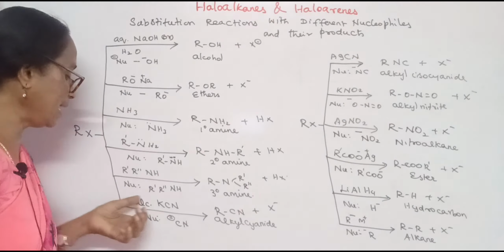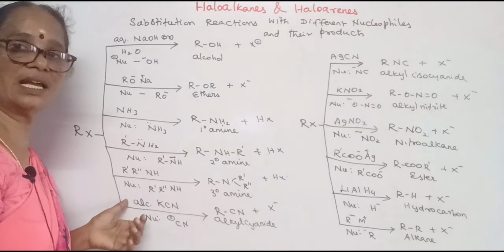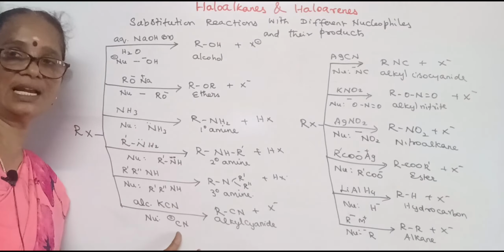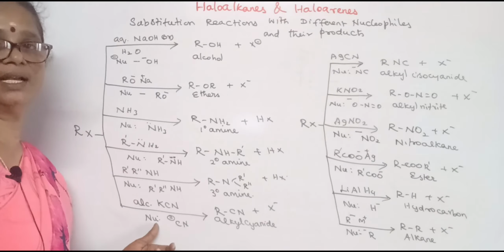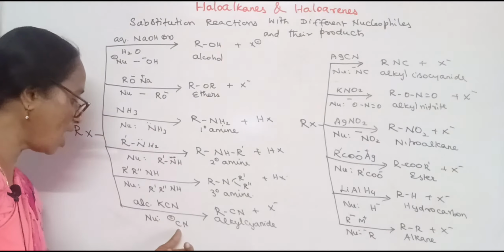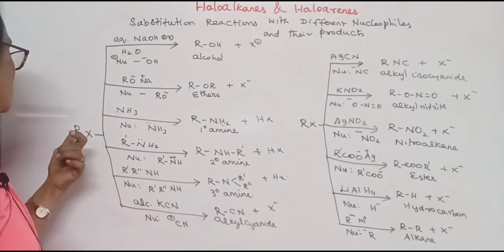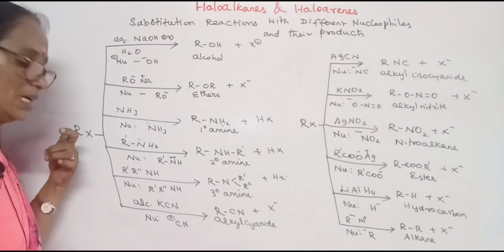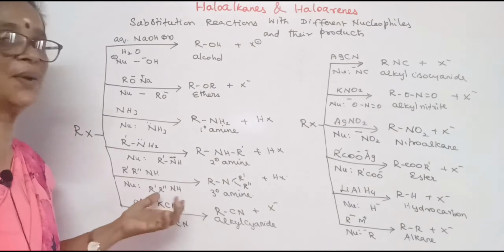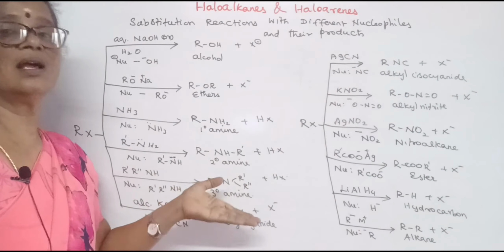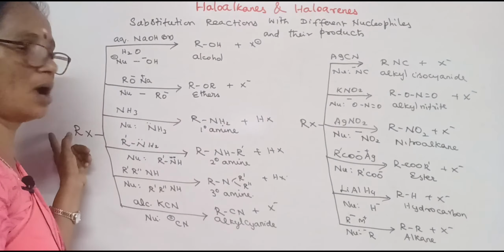See, in the case of alcoholic potassium cyanide, the nucleophile is cyanide where carbon carries the negative charge. And when this carbon gives its electrons to the alkyl group, the carbon-carbon bond becomes much stronger than the nitrogen to carbon bond.